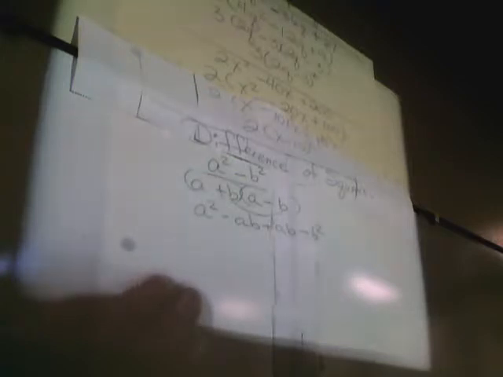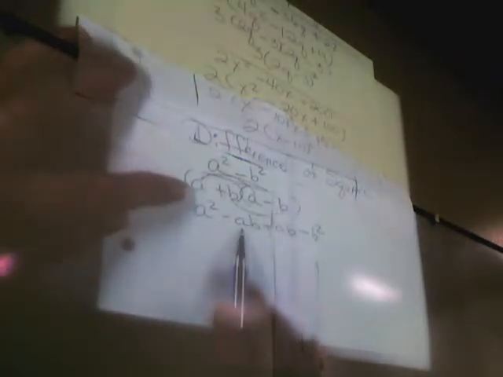The next would be minus ab. The next one would be plus ab. And then the last term times the last term is minus b squared. See how the two middle terms cancel out, plus ab and minus ab?